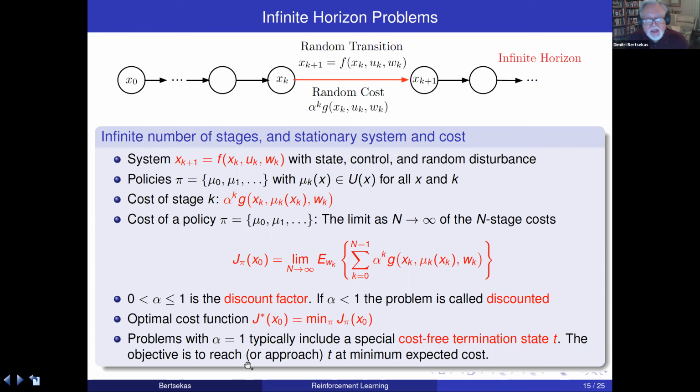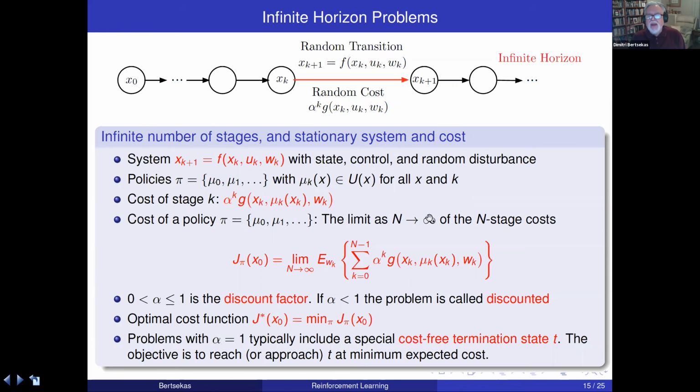And essentially, the objective is to reach the termination state at minimum expected cost. So we're going to look at problems like that in the next lecture in the context of finite horizon mostly, and also in the future. But the presence of this discount factor affects the analysis quite a bit, and we will see in what ways.